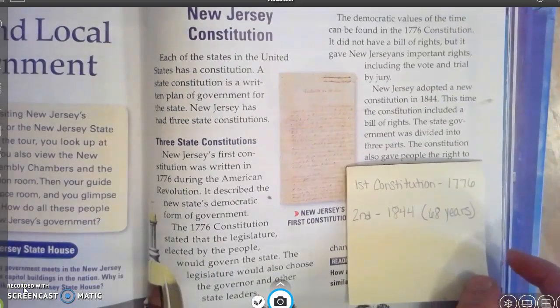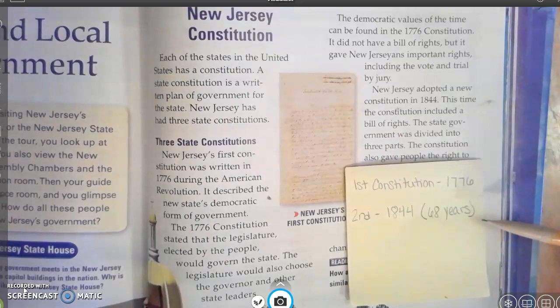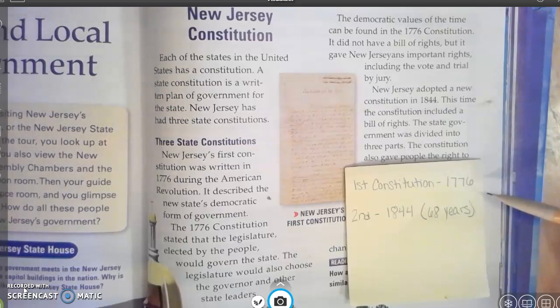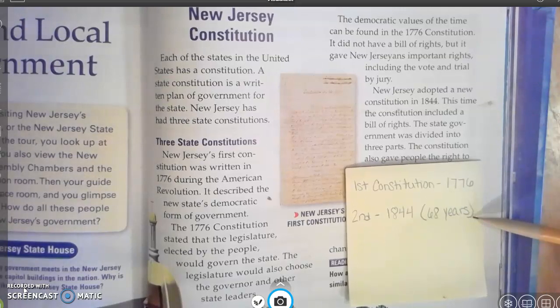So hopefully you realize that we had the first constitution for 68 years. So I'm just writing a little post-it for myself. The first constitution was in 1776. The second one was in 1844. So that means that 68 years, that's a long time for the first constitution to last.